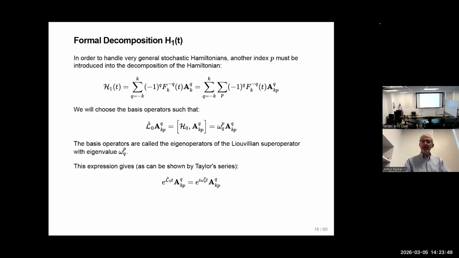One other problem that comes up is that we also have to keep track of the fact that if we have, for example, Q equals 0, Q here acts very much like a coherence that we've talked about in product operators. So Q equals 0 in a Hamiltonian could be coming from a Z operator, but it also could be coming from, say, I plus S minus, a zero quantum term.